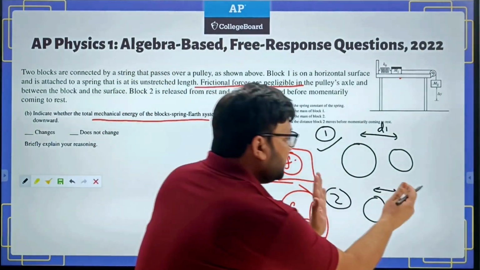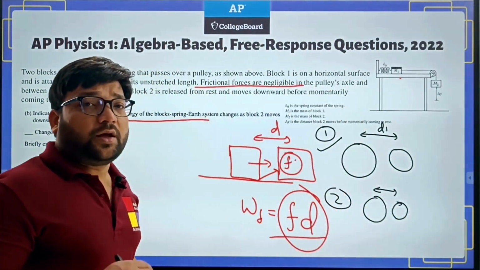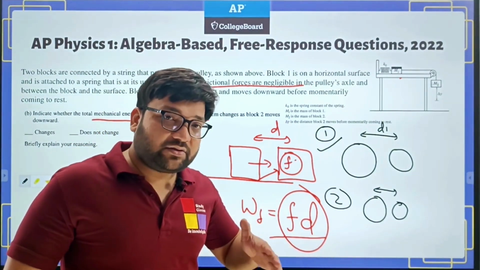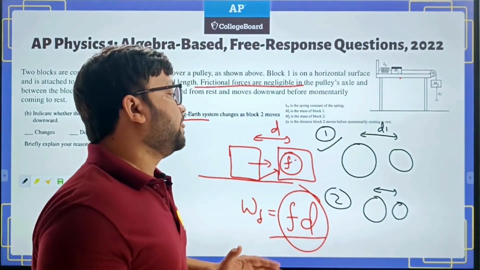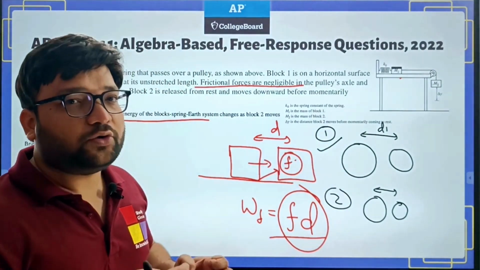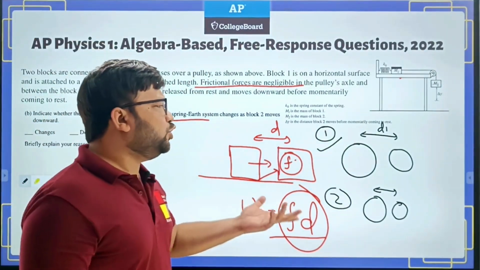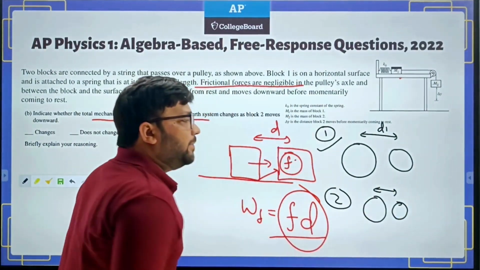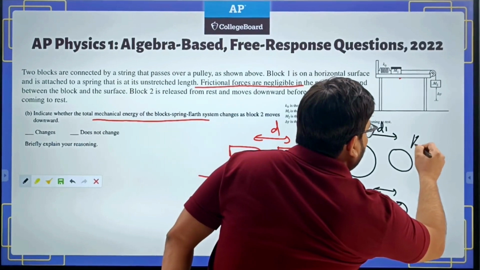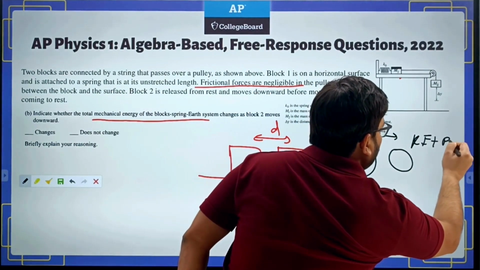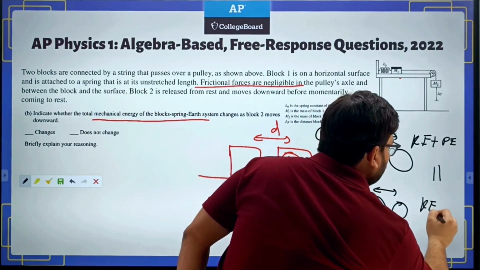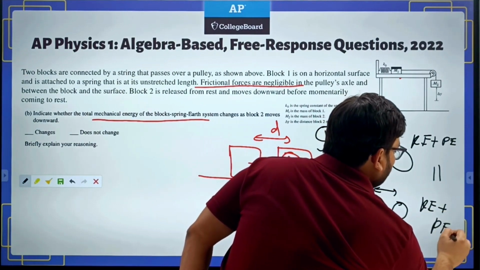is going to be the same. When they have moved closer, the total potential energy magnitude-wise has increased, but because the force is attractive, the potential energy is negative. So magnitude-wise here the potential energy is more, but per se it is lesser. Still the idea is KE plus PE here is going to be the same as KE plus PE here.